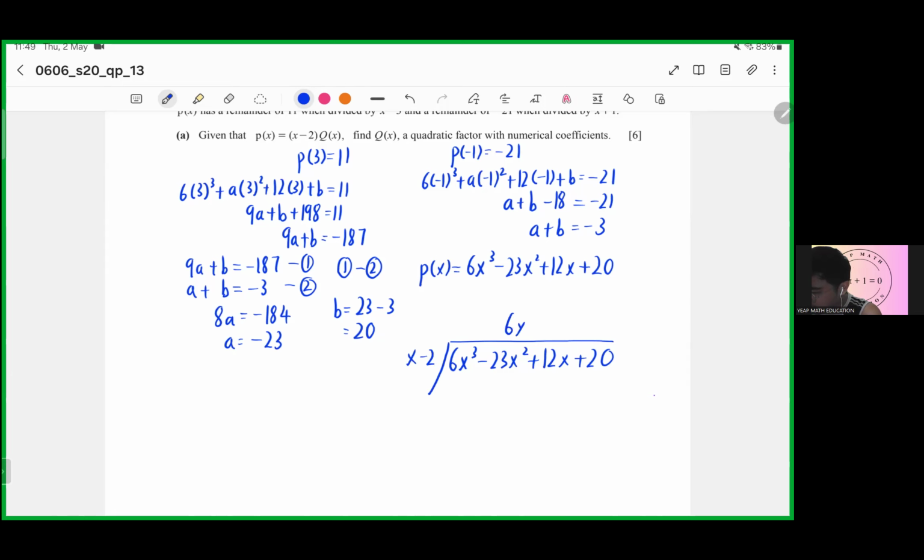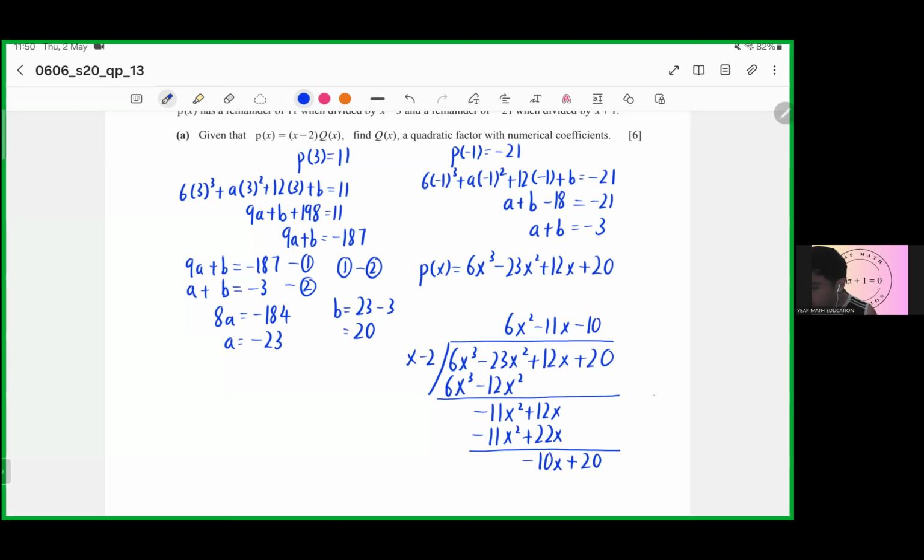We take 6x squared with 6x cubed minus 12x squared over, negative 11, negative 11x squared, positive, negative 10x plus 20.